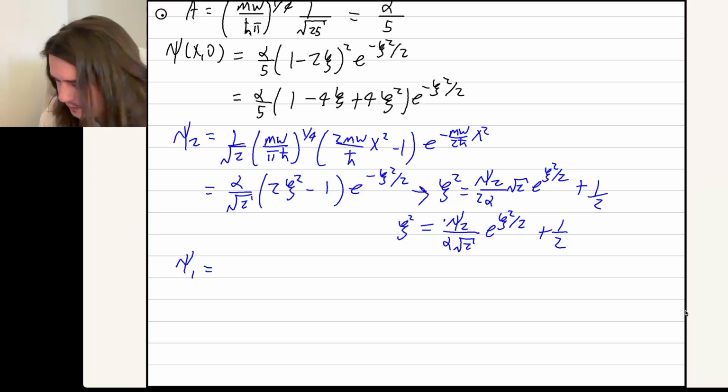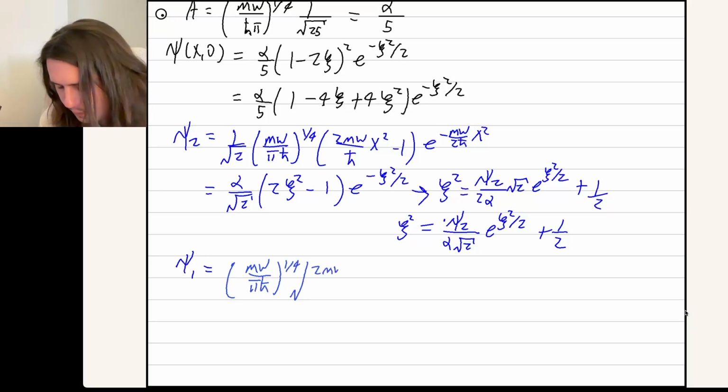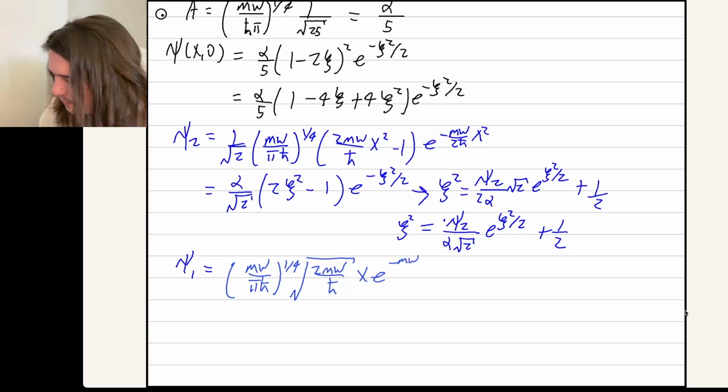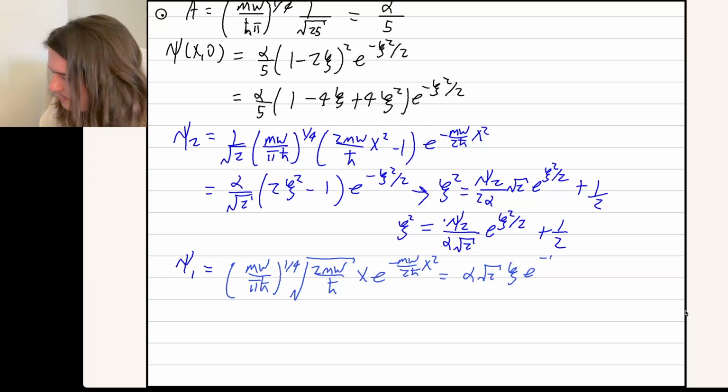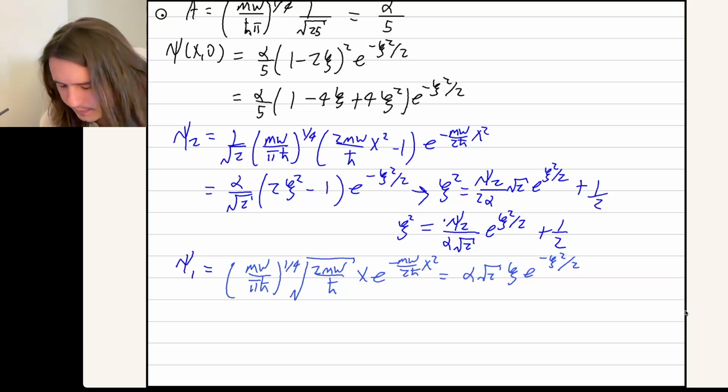He got (m omega over pi h bar) to the 1/4 times square root of 2m omega over h bar times x e to the minus m omega over 2h bar x squared, which we'll simplify as alpha times root 2 times c e to the minus c squared over 2.